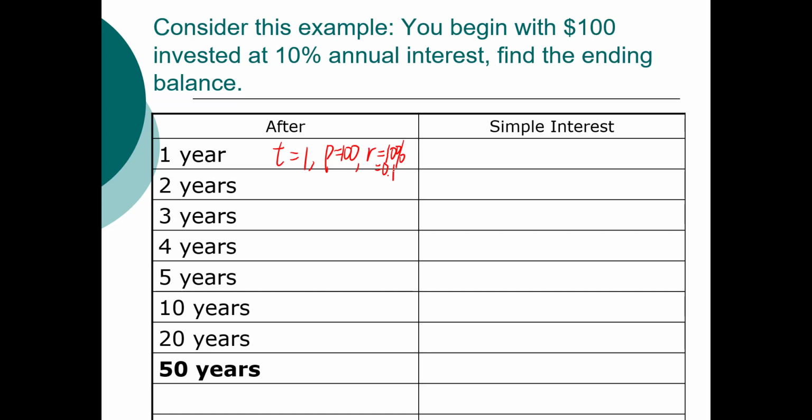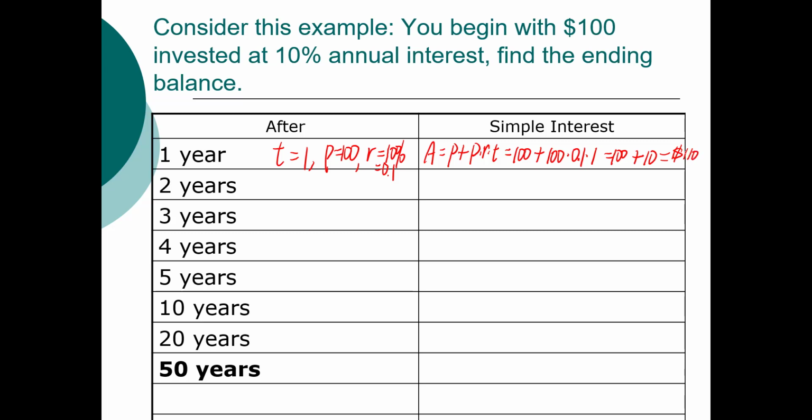Ending balance equals principal plus principal times interest rate times time. Principal is $100 plus 100 times 0.1 times 1, that's 10. So the ending balance is $110.